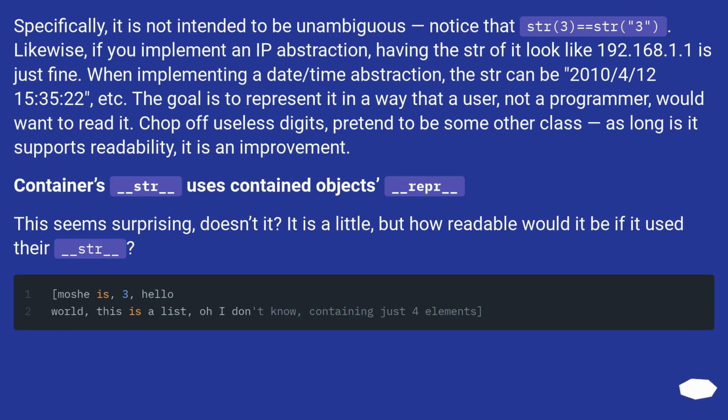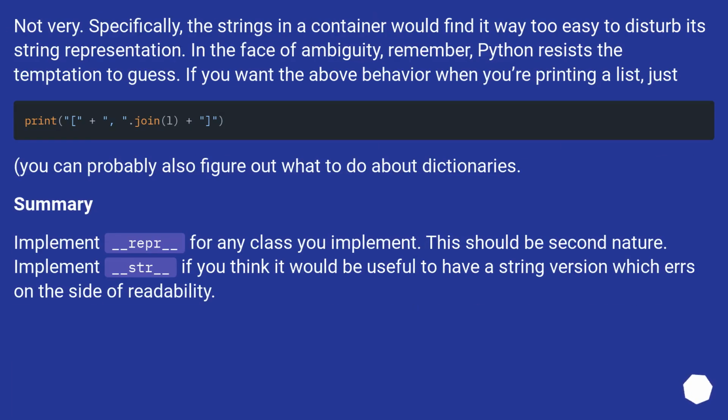It is a little, but how readable would it be if it used their __str__? Not very. Specifically, the strings in a container would find it way too easy to disturb its string representation.